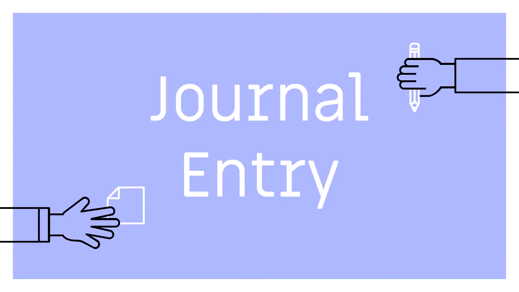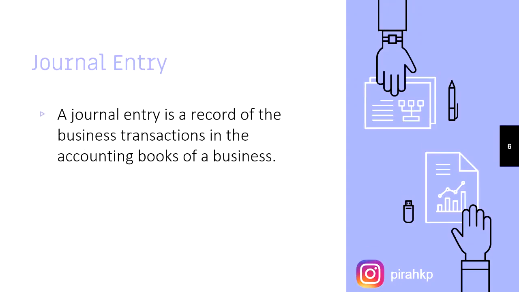Now next topic is journal entry. A journal entry is a record of the business transactions in the accounting books of a business. It is a very rough, you could say, record. Yes, it has a format, but you don't really consider anything else. You write your transactions in chronological order.